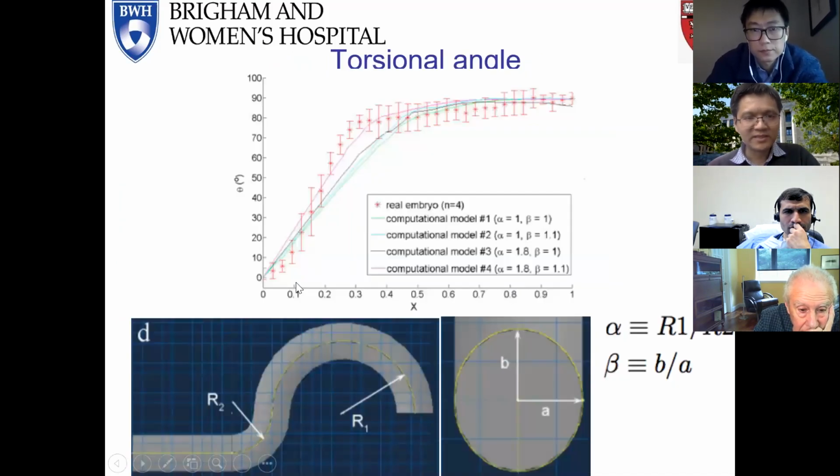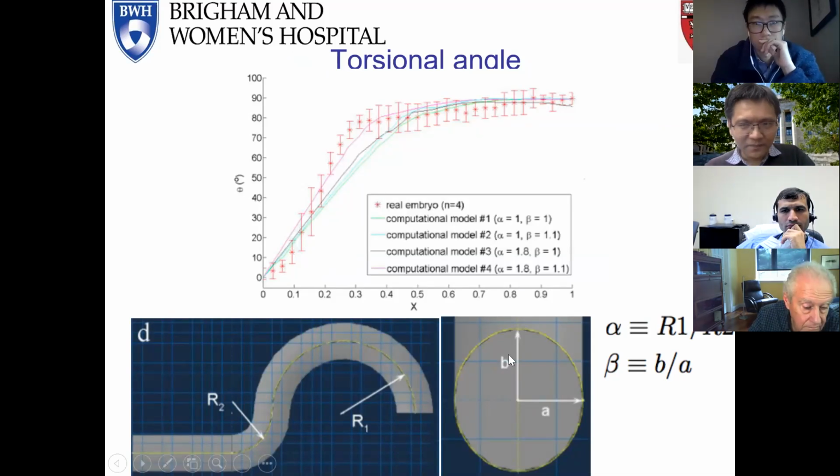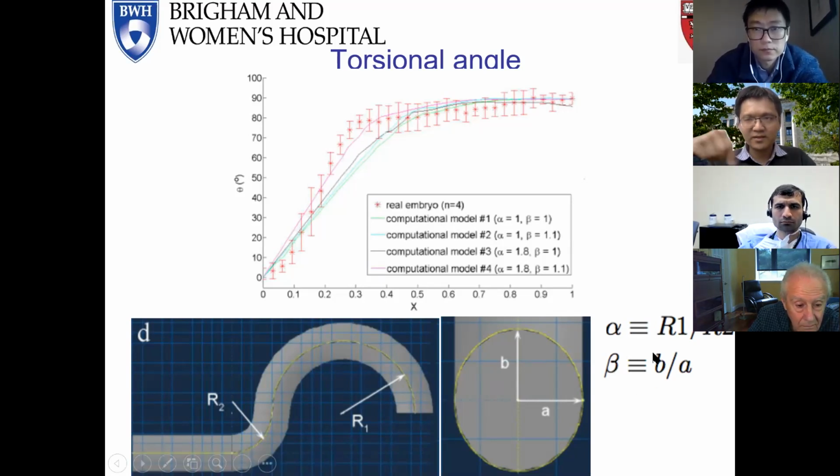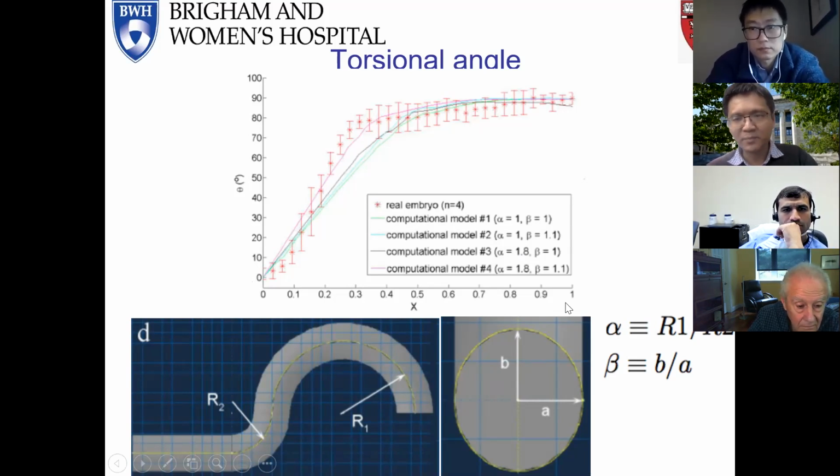And we also did some parametric study to see the effects of some geometric parameters that include alpha, the radius of the cranial flexure and the thoracic flexure, and beta, the aspect ratio of the cross section. So we found that when we plot the torsional angle as a function of normalized position, starting from this end, torsional angle is 0.